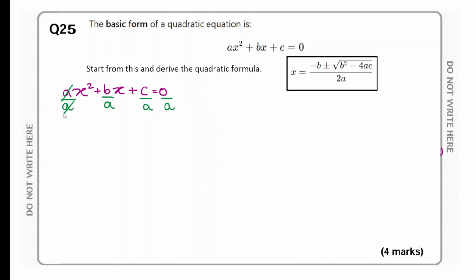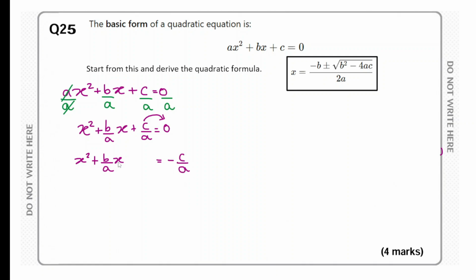So these two get cancelled out. So I get x squared plus b over a x plus c over a is equal to 0. Now I'm going to move this to the side. So I get x squared plus b over a x is equal to negative c over a.